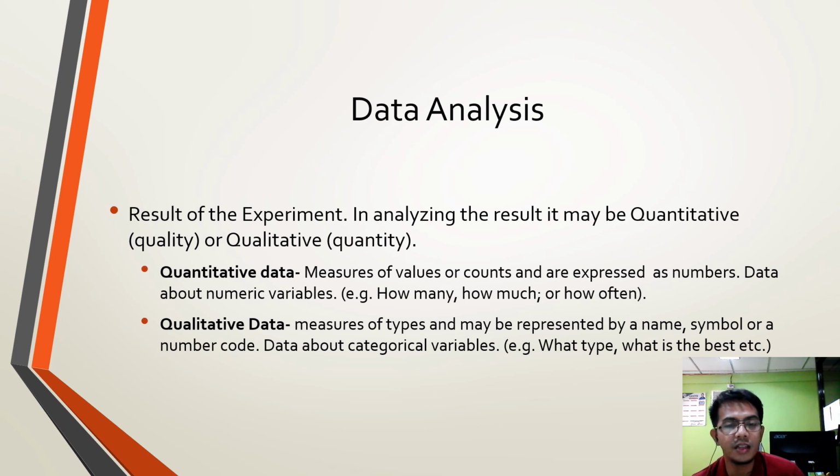Quantitative data measure values or counts and are expressed as numbers. It is data about numeric variables, for example, how many, how much, or how often. Qualitative data measure types and may be represented by a name, symbols, or a number code. It is data about categorical variables, for example, what type, what is the best, etc.